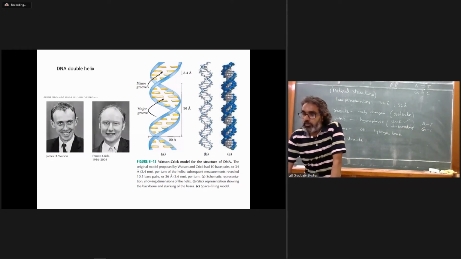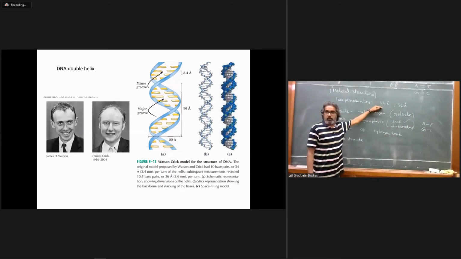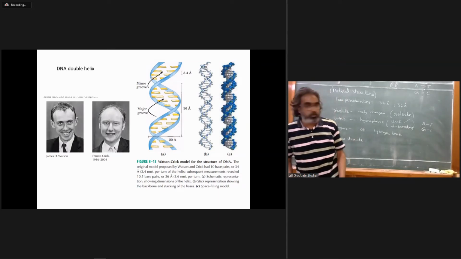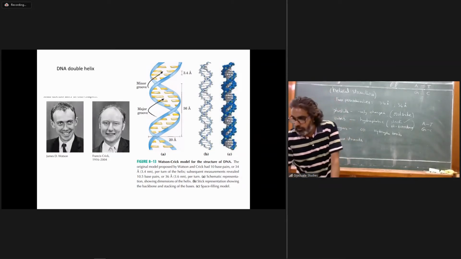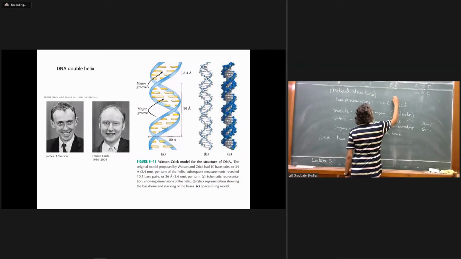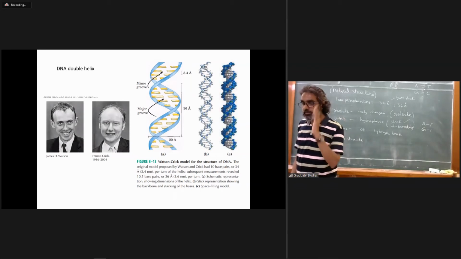Now the quantitative information. Rosalind and Morris found these periodicities, 3.4 angstroms and 34 angstroms, and you have to apply them. When they put this helical structure together, they could see that 3.4 is the base stack difference, meaning the height of the base stack as you move along the DNA helix.